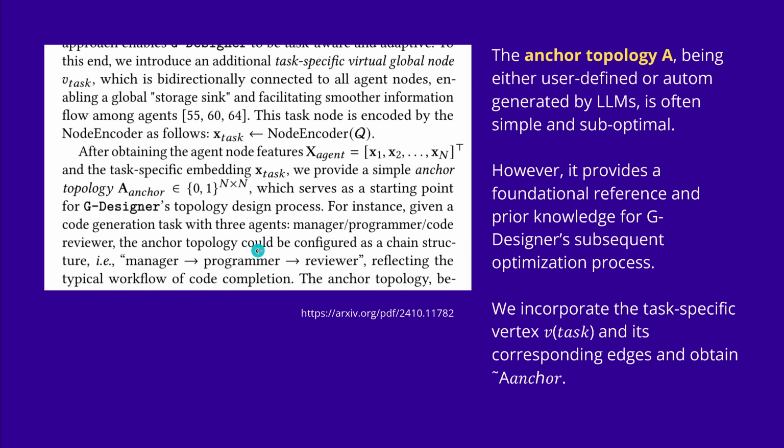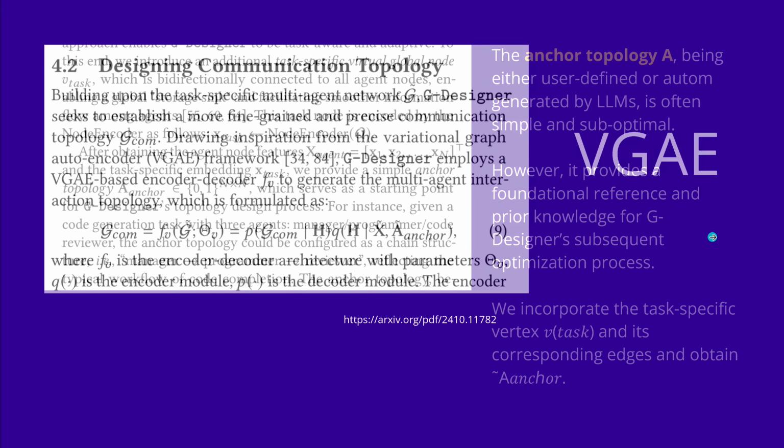The anchor topology at the very beginning, the start configuration, could be configured as the simplest chain structure: manager, programmer, reviewer, reflecting the typical, easiest to think of workflow of code completion. For my green grasshoppers, formulated in simpler words.